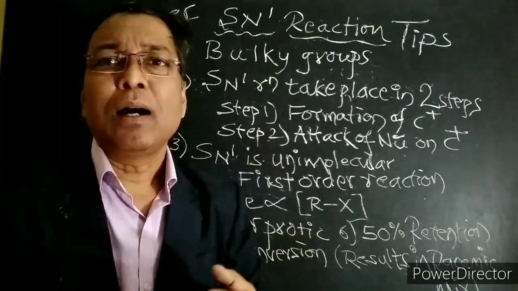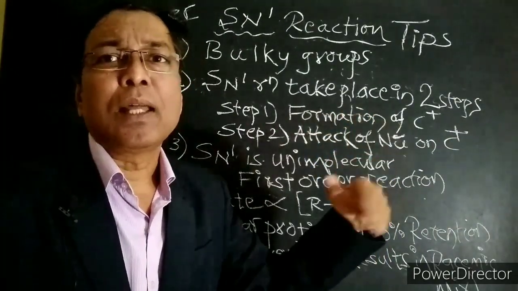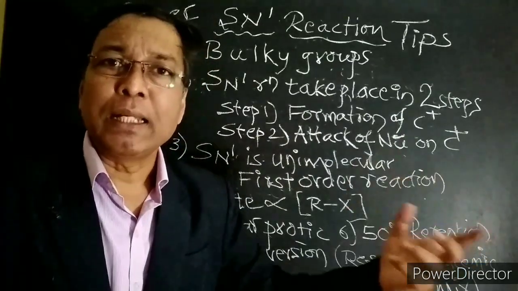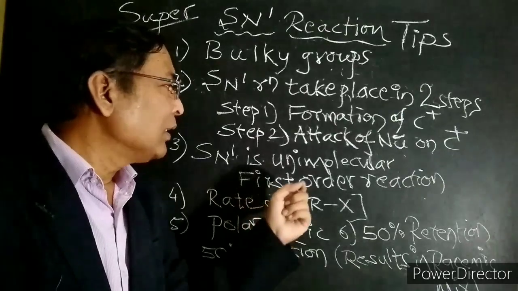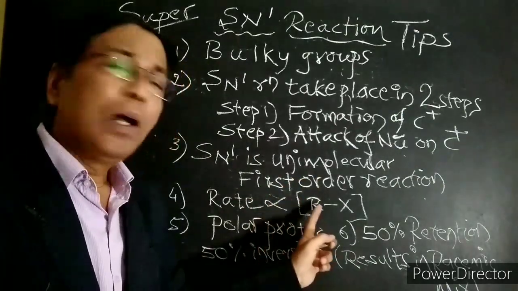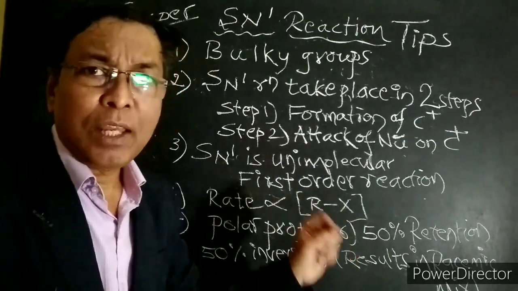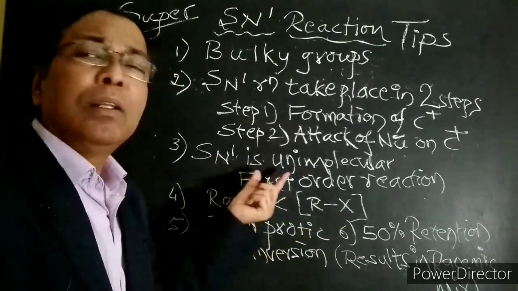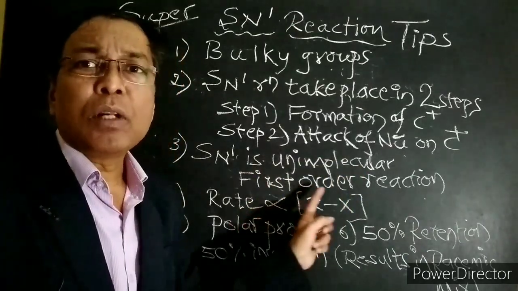That means when the concentration of the alkyl halide is increased, the product is also increasing. As a result, the rate of the reaction depends upon the concentration of alkyl halide only, that is tertiary butyl bromide only. Therefore, SN1 reactions are called unimolecular reactions and they follow first order reaction.